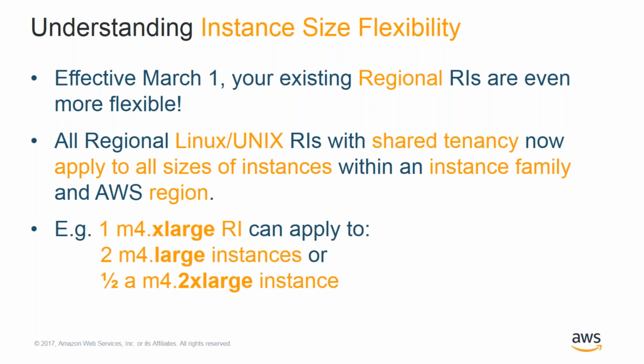Expressing that as an example, you can see that one M4 xlarge reserved instance can apply to 2 of the smaller, one size smaller instance type, M4 large, or it can apply to half an M4 2xlarge, which is 1 size bigger.